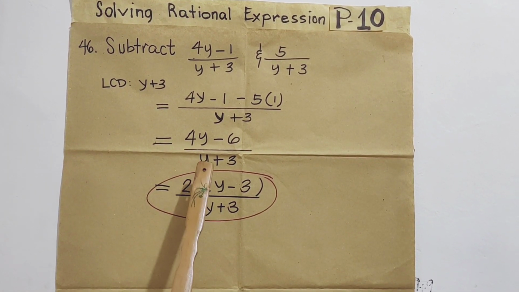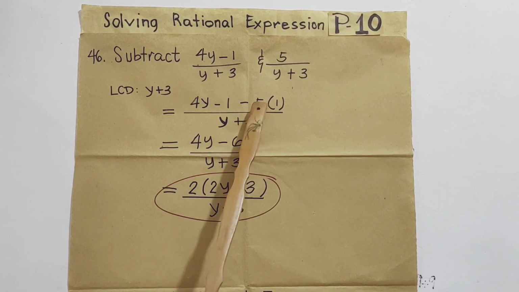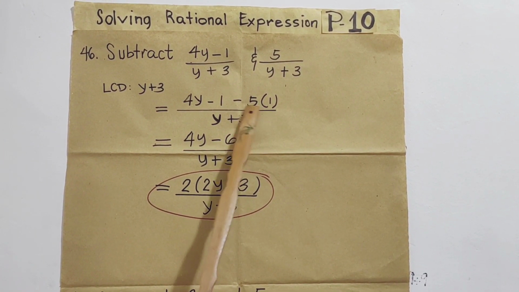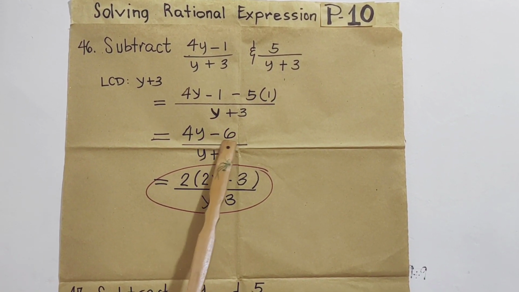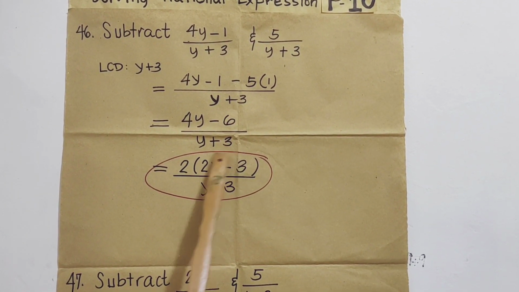Then we're going to simplify. For y, we have 4y minus y, negative 5 times 1 equals negative 5, then plus negative 1 equals negative 6. Then over, just copy the denominator.